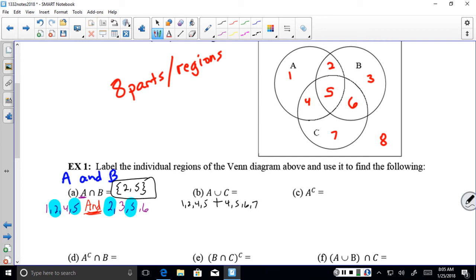So when I put these together to write down my answer, plus is the very friendly one. That means we want to include everyone on the left of the plus, everyone on the right of the plus, but don't add anybody twice. And so I need to include 1, 2, 4, 5, 6, 7. Note my curly brackets because when you operate on 2 sets, you get a set as your answer.